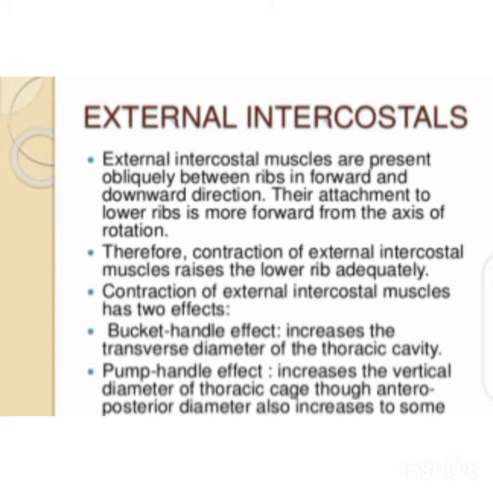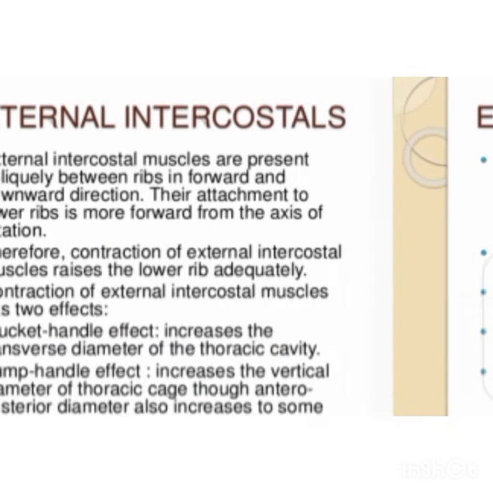Bucket handle effect increases the transverse diameter of the thoracic cavity. Pump handle effect increases the vertical diameter of the thoracic cage, though the anterior-posterior diameter also increases to some extent. So the two effects are the bucket handle effect and the pump handle effect.